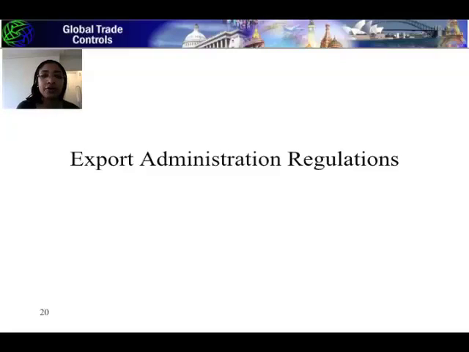It has categories 0 to categories 9, and it's important to classify your article correctly so that you're not exporting an article that requires a license, but because you misclassified it, you're exporting it without a license.